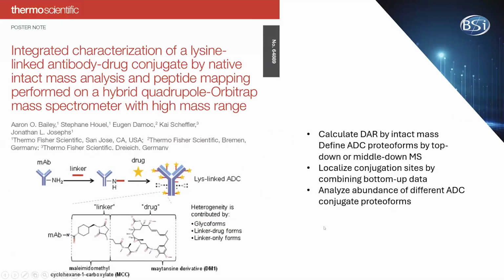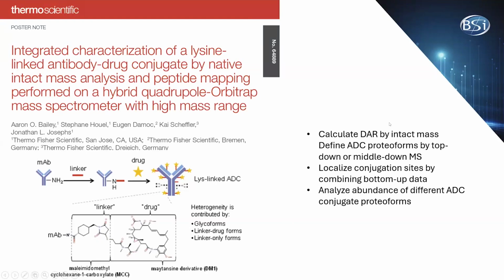And so to demonstrate this workflow, we purchased this ADC from Thermo called trastuzumab emtansine. It's well characterized. It's a highly heterogeneous ADC product, since the payload undergoes lysine conjugation. The bottom left here displays the linker, which is referred to as MCC, and the drug, which I'll refer to as DM1.